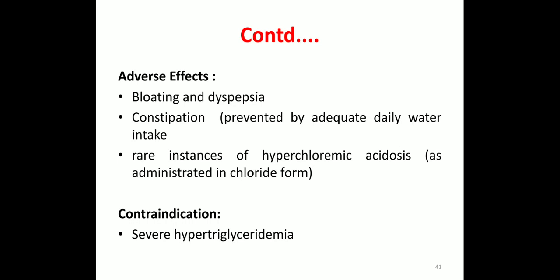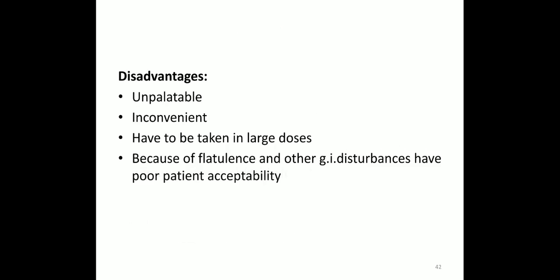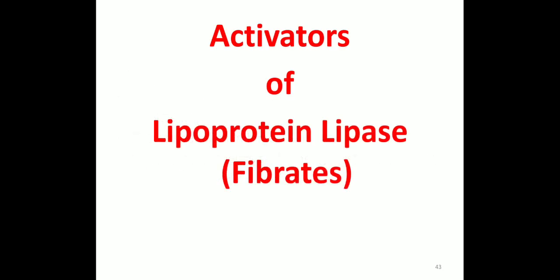Contraindication is severe hypertriglyceridemia. As a disadvantage, it is unpalatable, inconvenient, and has to be taken in large doses. Because of that, there is an increased chance of flatulence and other GI disturbances, so it has poor patient acceptability. So these are the side effects and disadvantages of bile acid resins.